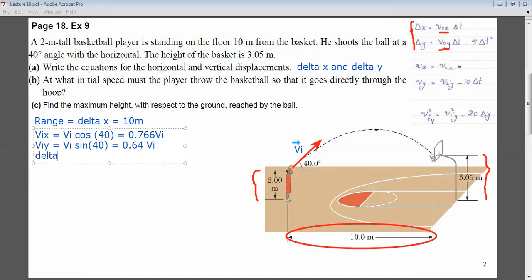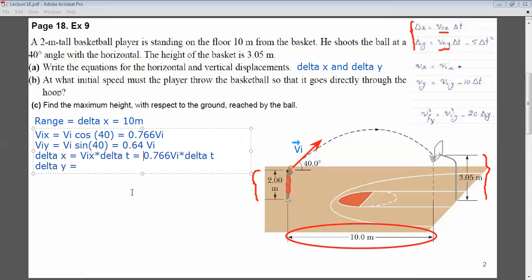Now, what's the equation for delta x? Delta x is equal to v initial x times delta t. So this is equal to 0.766 v initial times delta t. And delta y is v initial y delta t, so you can directly put it here.